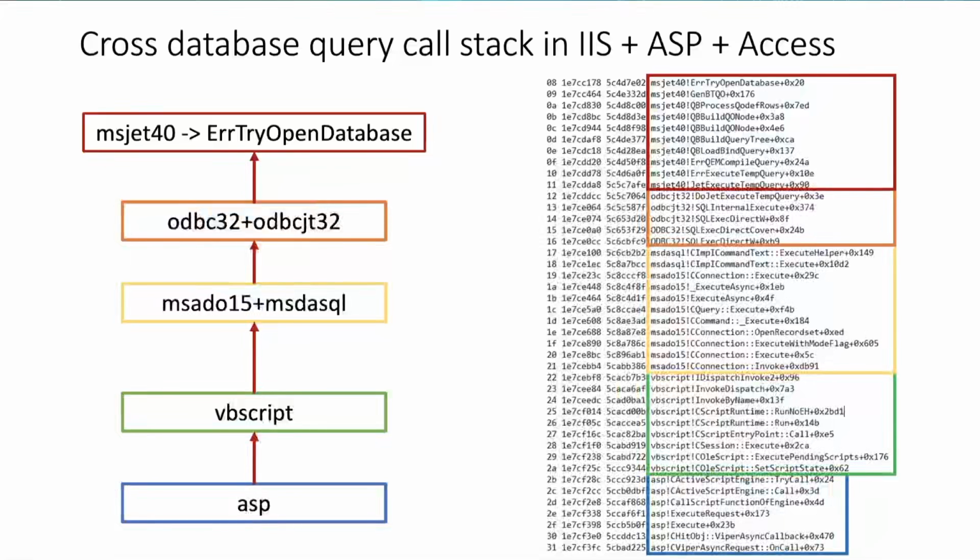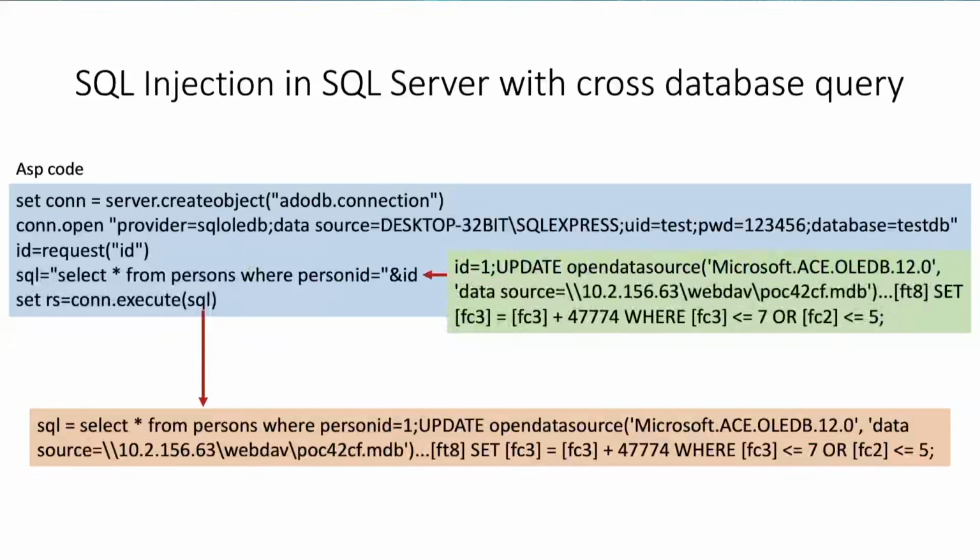As we just introduced, this function will call create file finally. This is a typical SQL injection case in SQL Server. Similarly, we also use ID to inject or customize the SQL query, and both the original SQL query and the injected SQL query will be executed by the ASP code.